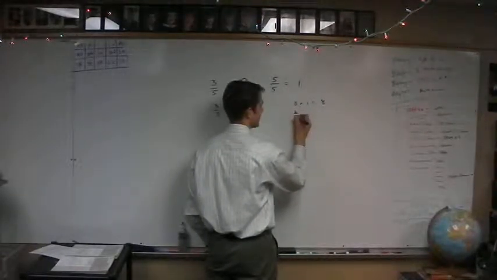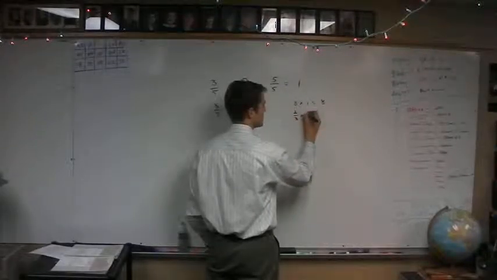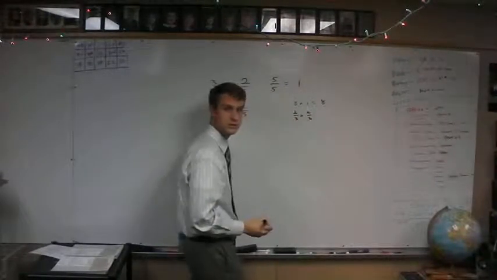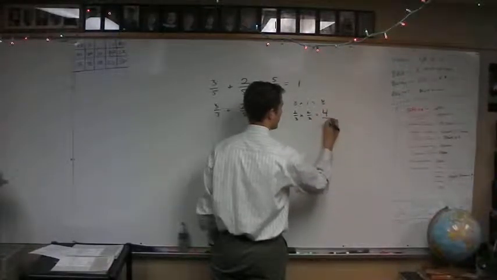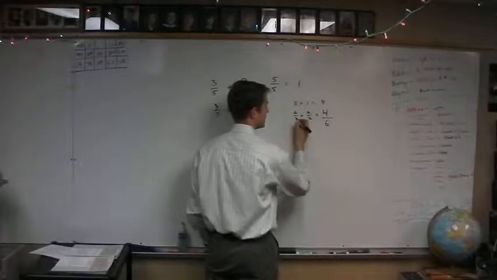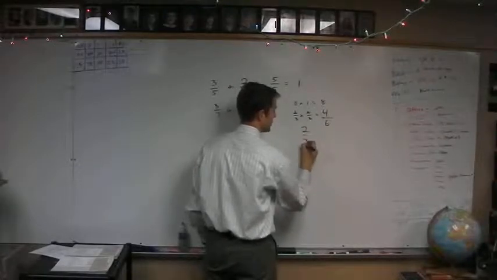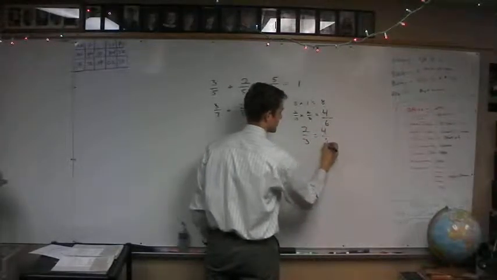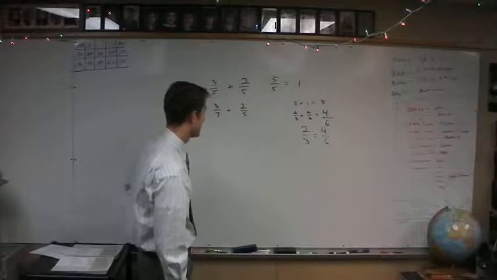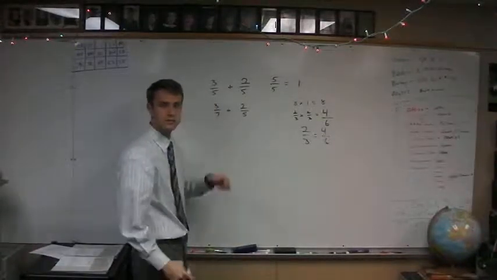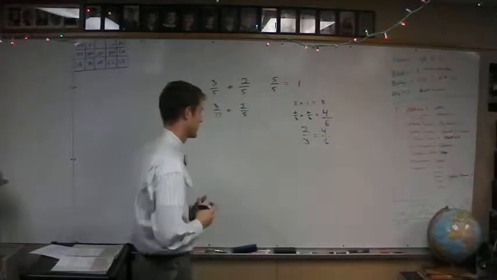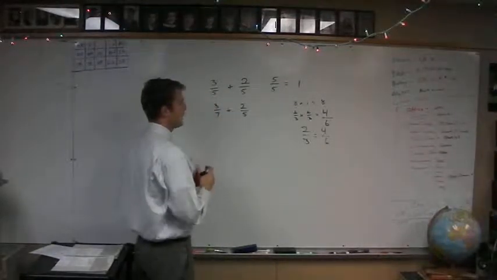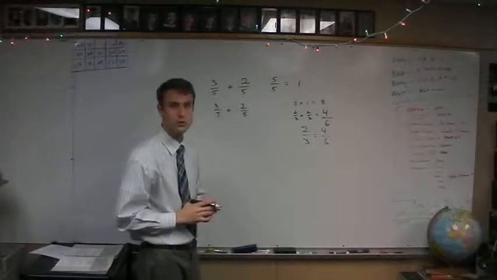If I have 2/3 times 2 over 2, which is equal to 1, it results in 4 over 6. 4 over 6 is equal to 2/3 because I multiplied by 1. So I can change the denominators and leave the fraction the same as long as I do the same thing to the numerator.